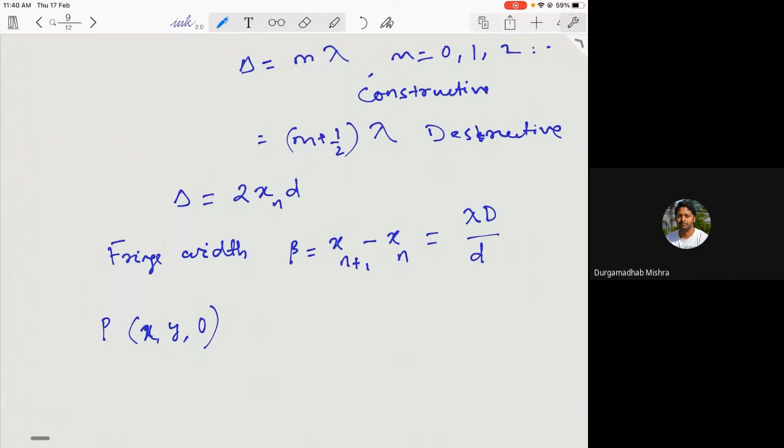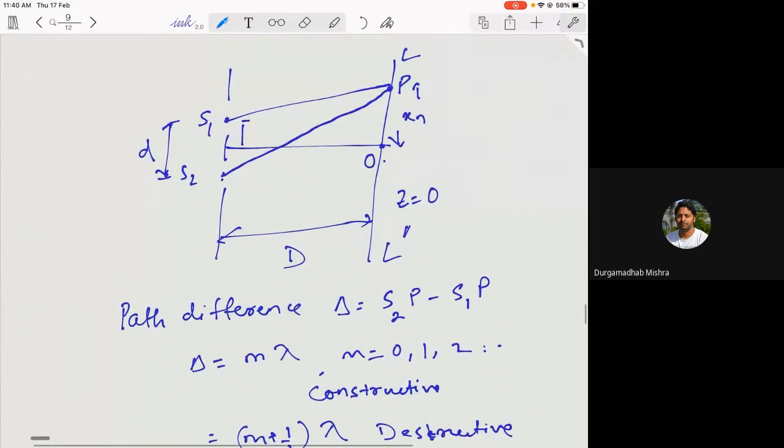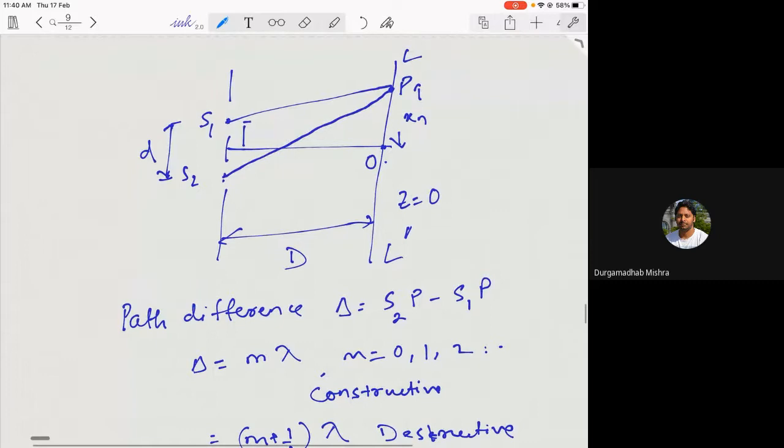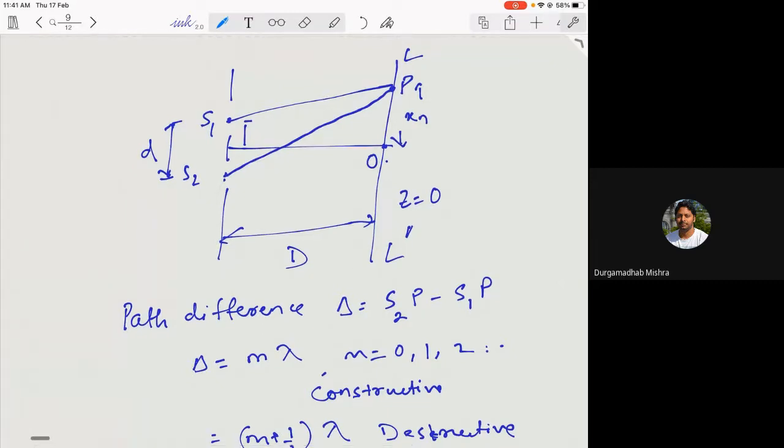And then what will be the coordinates of S1 and S2? Z will be minus D, because Z is 0 at the screen plane, so this plane is at Z equal to minus D. The Z coordinate is known.